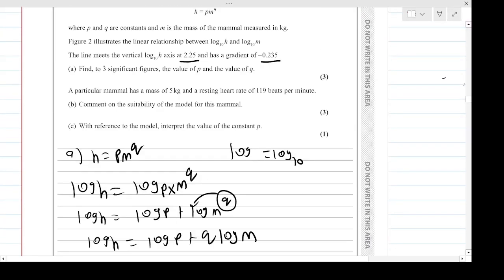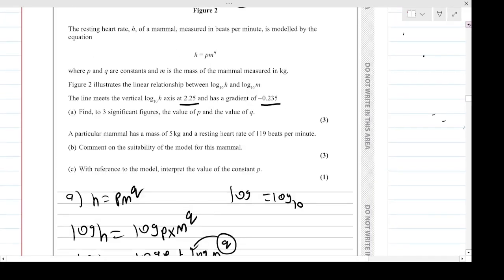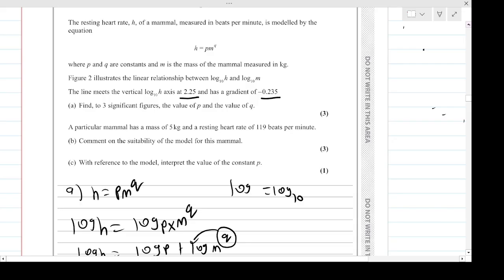Okay, then it says a particular mammal has a mass of 5 kilograms and a resting heart rate of 119 beats per minute. So again, remember the mass is m, so that means m has to be 5 here. Also, resting heart rate, that is h.